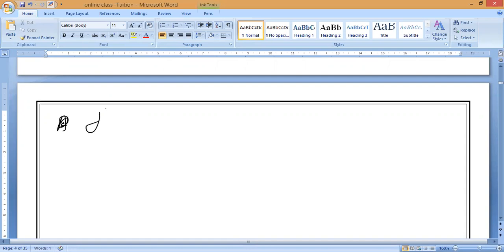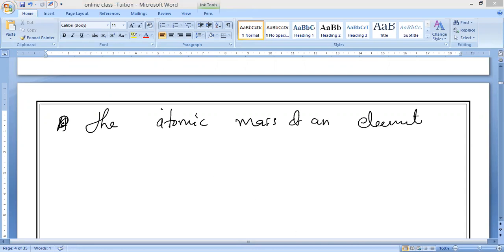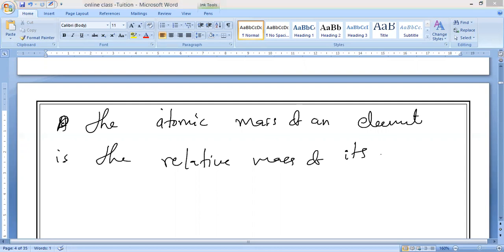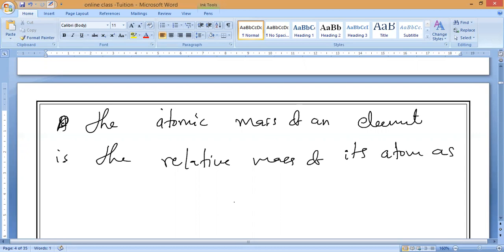The atomic mass of an element is the relative mass of its atom as compared with what?